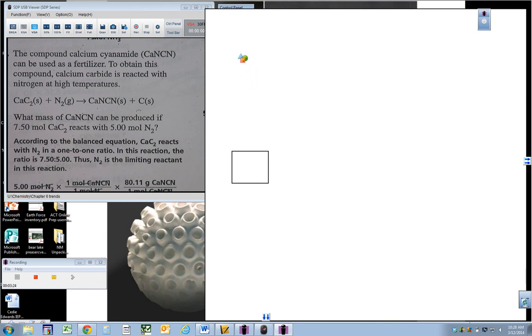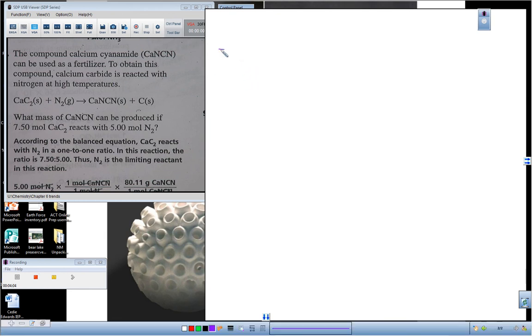What if I want to double check my work by saying 7.5 moles of one reactant, the calcium carbide, and figure out how much product I'm going to make? What's the ratio from the calcium to the product, the fertilizer?